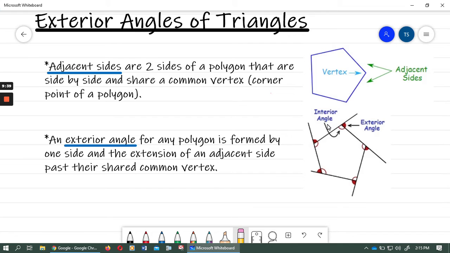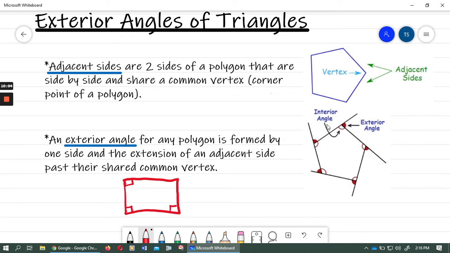Alright, so again, folks, an exterior angle for any polygon is formed by one side and the extension of an adjacent side past their common shared vertex. It doesn't just have to be a pentagon like what I've got here. It can be any polygon. It can be a rectangle, which we know is a four-sided polygon that has four right angles.